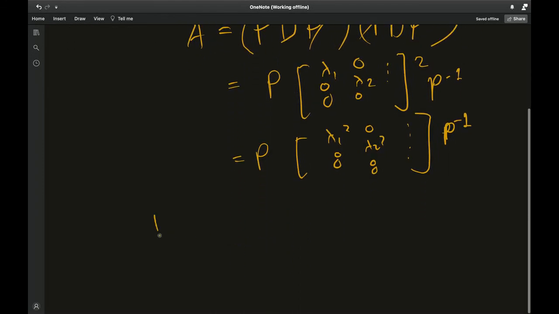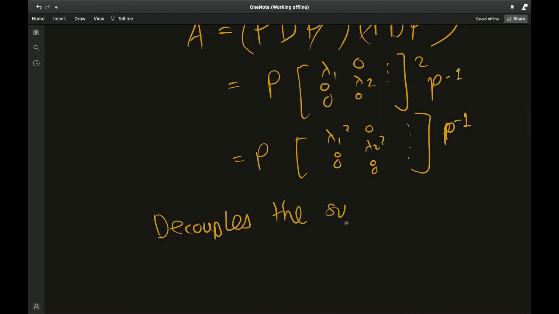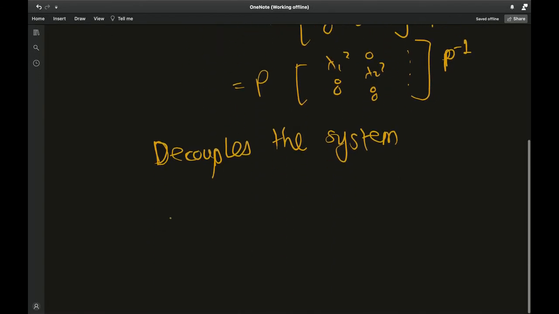So as I say, this sort of decouples the system and makes stuff easier to solve. It's a more convenient way of looking at things. You can look at stuff from a hard perspective, but if you look at it from a comfortable point of view, you get a bigger picture.